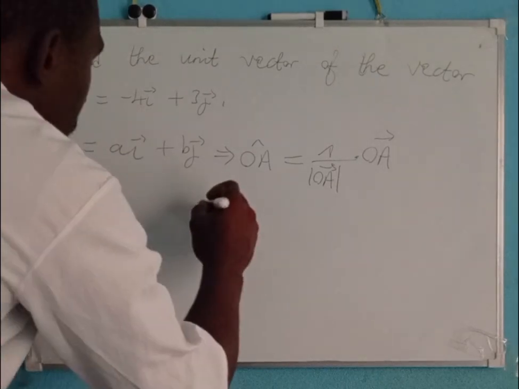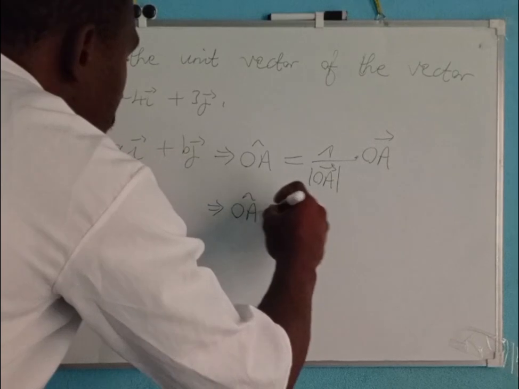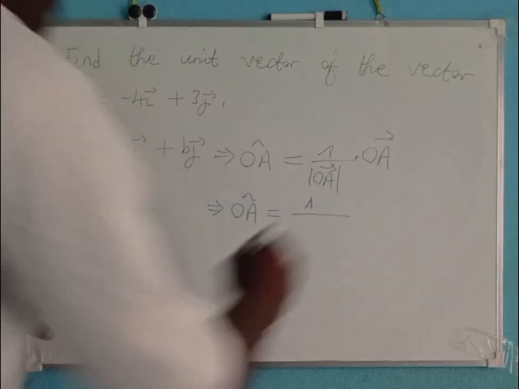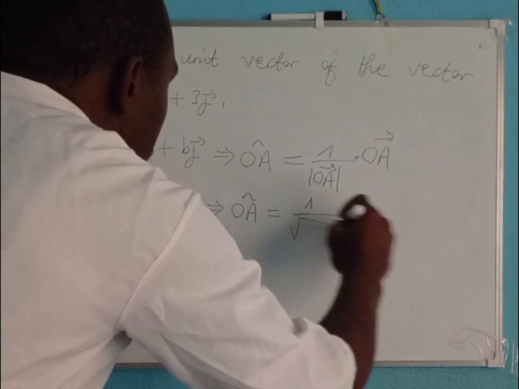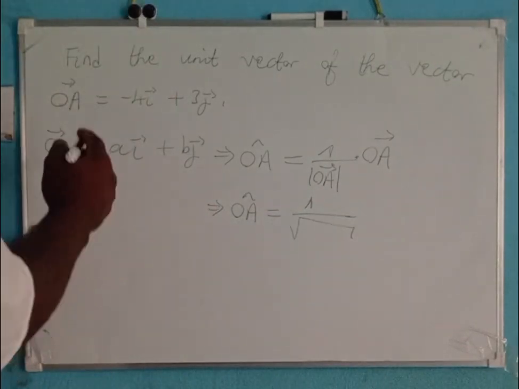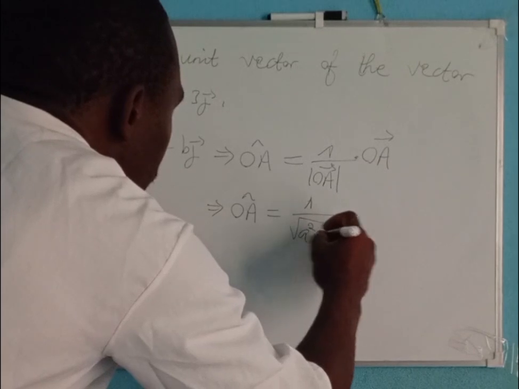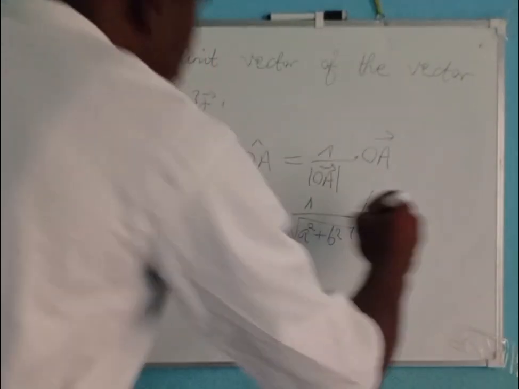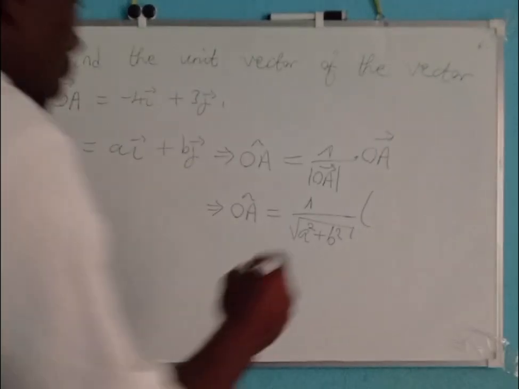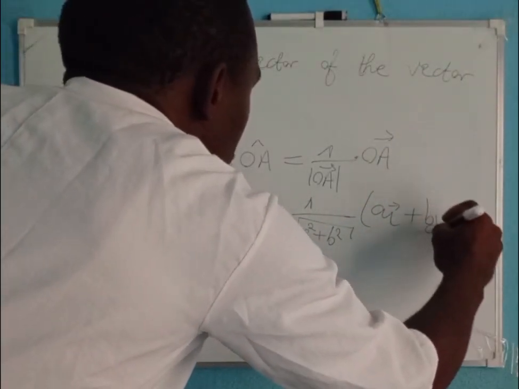So the unit vector of OA is equal to 1 all over the magnitude of the vector OA, which is the square root of the x coordinate squared, a squared, plus the y coordinate squared, b squared, times the vector OA, which is ai plus bj.